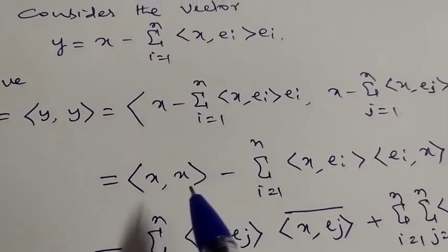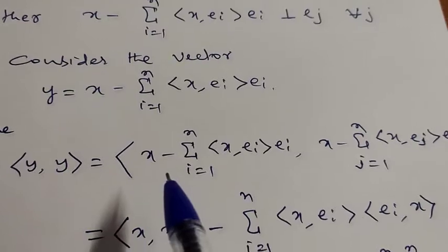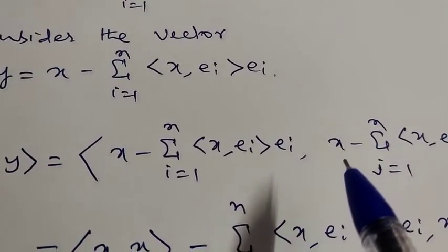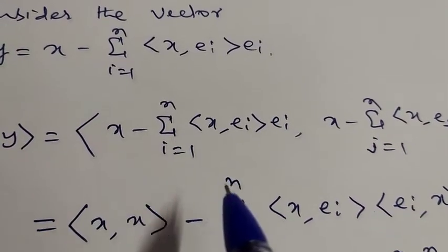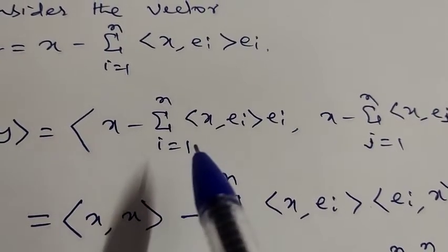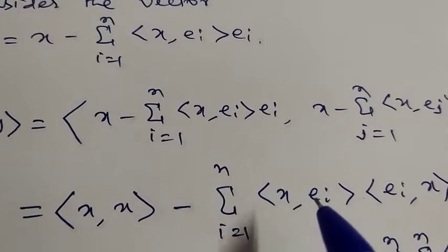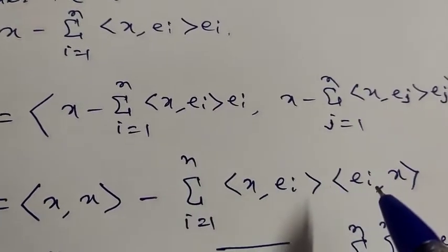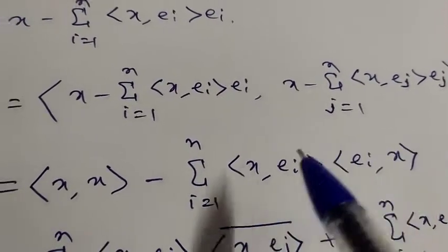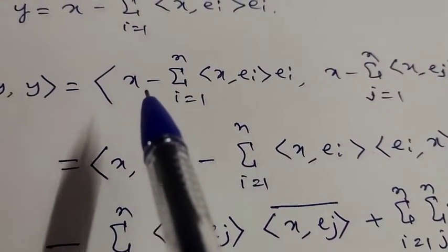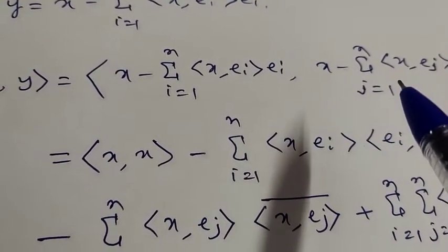So this is equal to inner product of x comma x, the first element, and the next element is summation i equal to 1 to n of (x comma ei) as it is, inner product of ei comma x. Okay, next third element, next is this with this element.